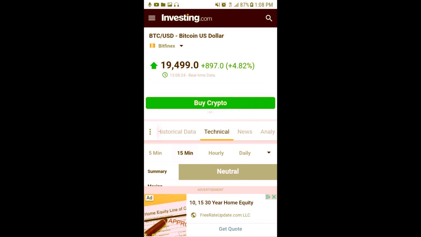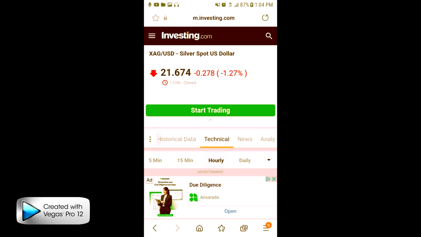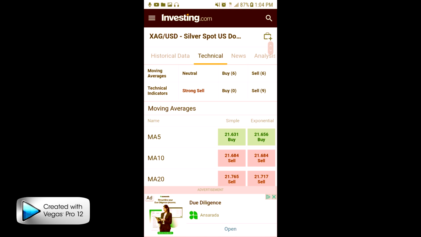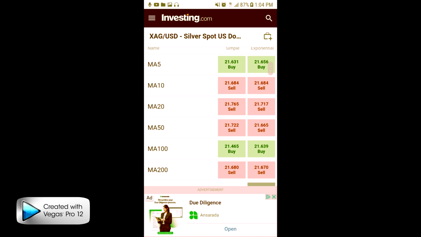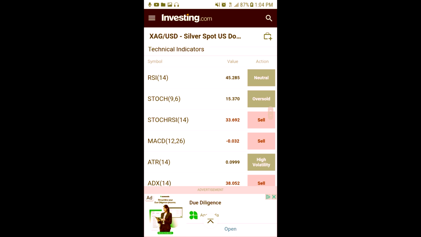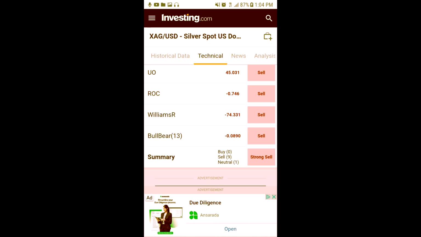It's the convergence, they are touching. So the MACD is the most important indicator. Your 5 hour candle is a buy. That means you want to buy for 5 hours, at least.